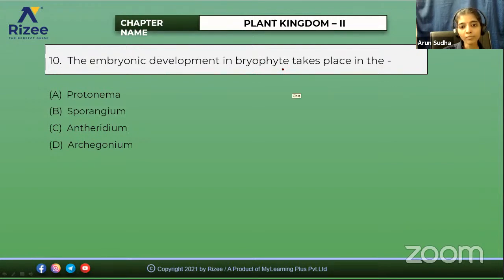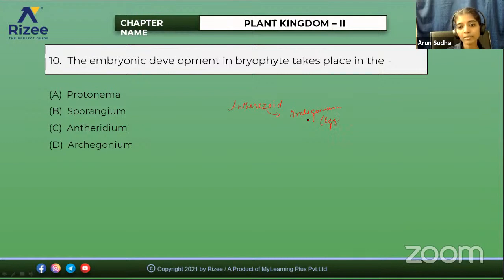In the case of Bryophytes, how does the fusion take place? How is the embryo formed? We saw that the Antheridium releases antherozoids, and these antherozoids are motile. They reach the Archegonium, and this Archegonium contains the egg.